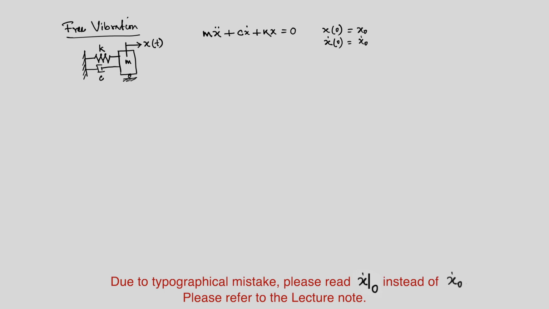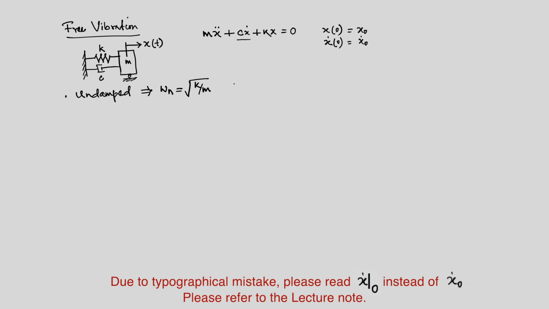Now, for that we have solved two different cases. The first one is obviously the undamped case, that means the damping term we do not consider. For that we defined one important structural parameter called natural frequency omega n, which is equal to square root of k by m.